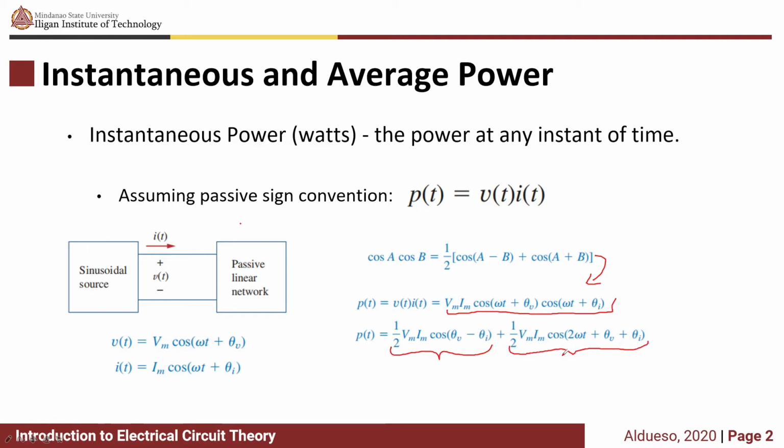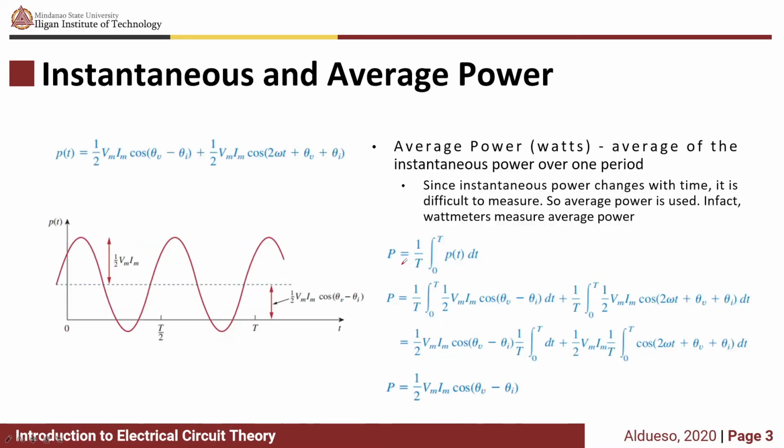The second term is a sinusoidal term with a frequency of 2 omega, which is twice that of the voltage or the current. Now graphing the instantaneous power, we have this sinusoidal function where our peak is just 1/2 Vm times Im.